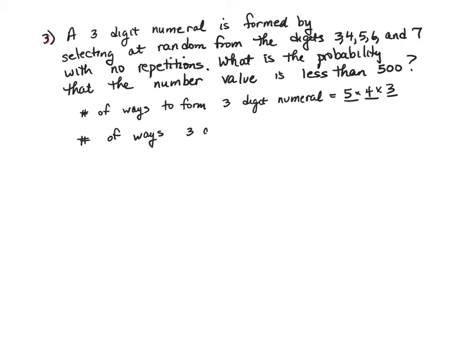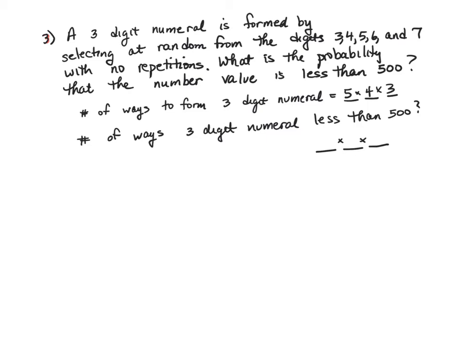But the number of ways the 3-digit numeral is less than 500, well, we have a restriction on the first spot. We still have to multiply by the counting principle. But if we want the number less than 500, then the first numeral must be either a 3 or a 4.